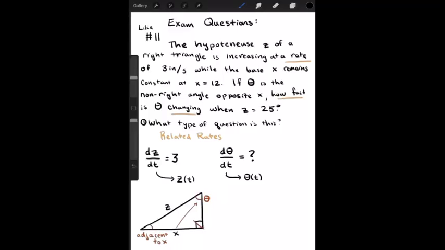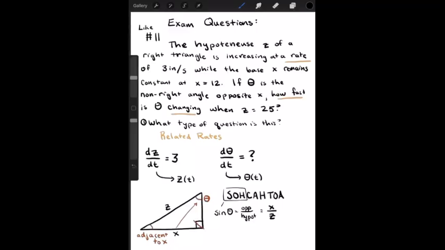So that old mnemonic of SOHCAHTOA tells us that if we want to relate an angle with something it's opposite to and the hypotenuse, then we use sine.